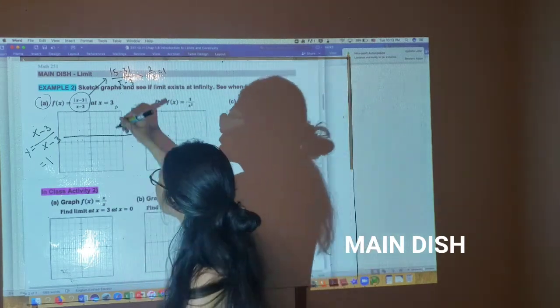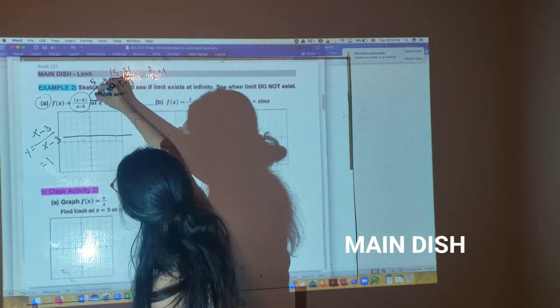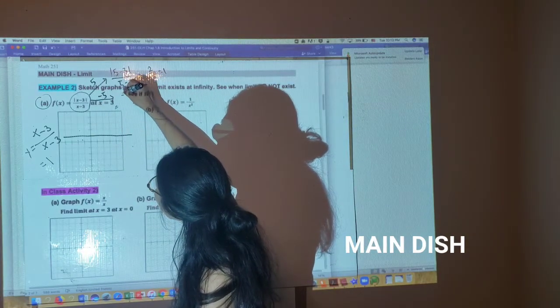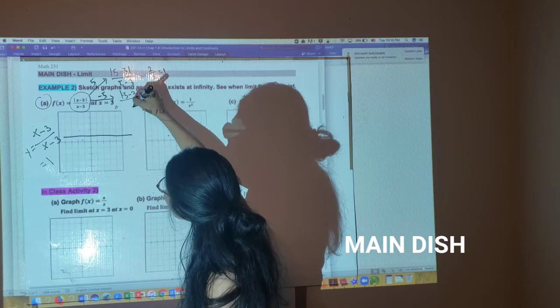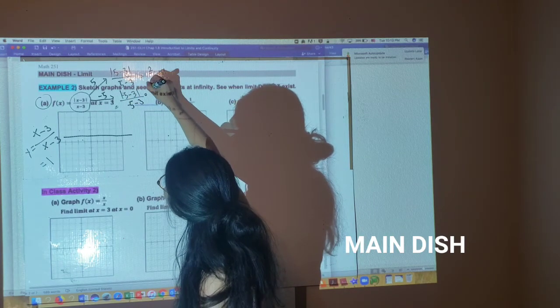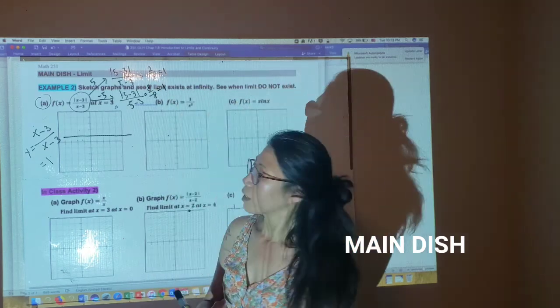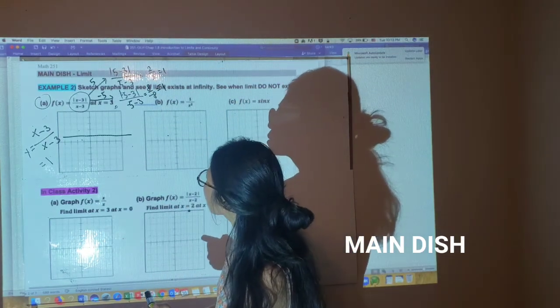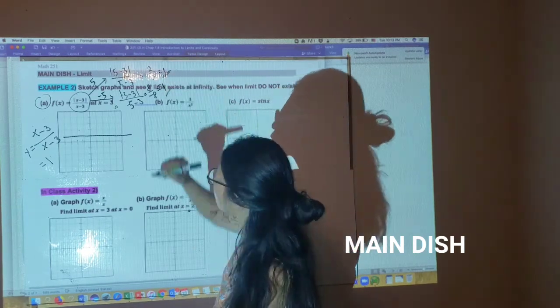How about if I plug in negative 5? Then it's going to be the absolute value of negative 5 minus 3, which is 8, over negative 5 minus 3, which is negative 8. I get negative 1.